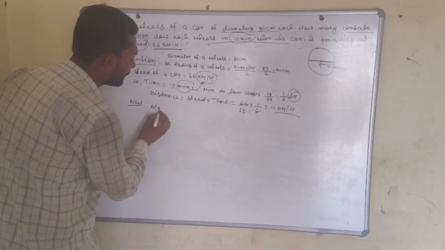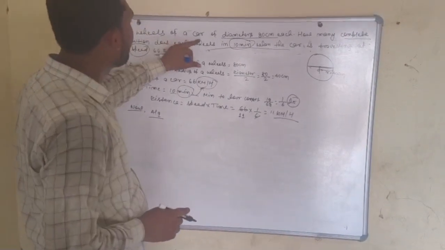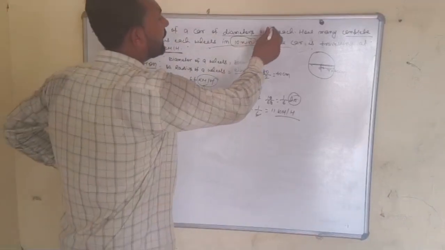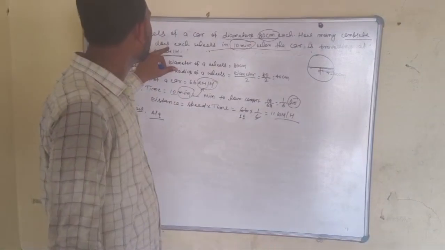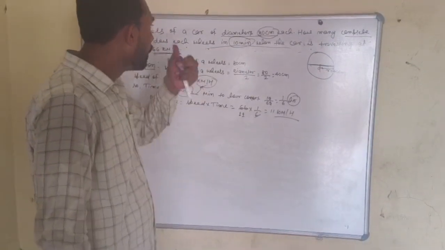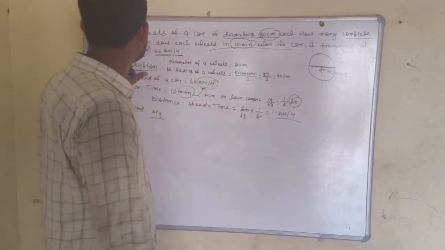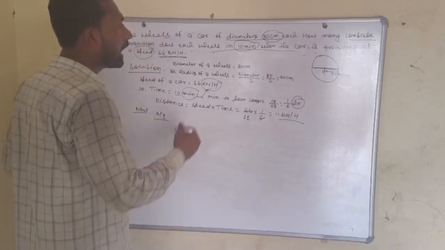Now according to the question, the wheel of a car is of diameter 80 centimeter each. How many complete revolutions does each wheel make in 10 minutes when the car is traveling at a speed of 66 km per hour?